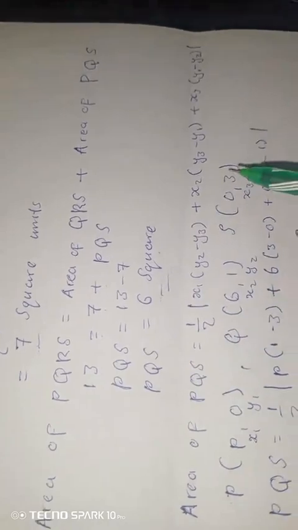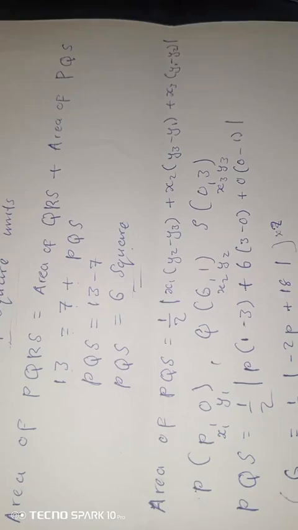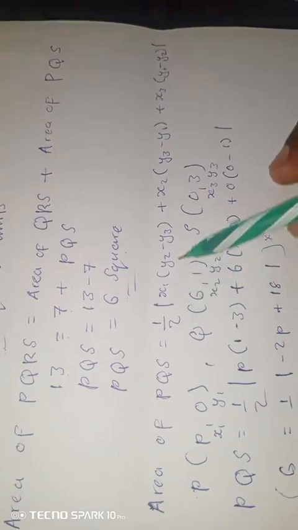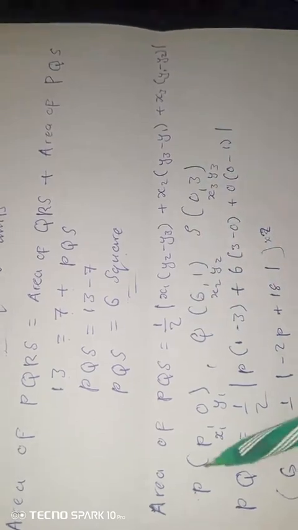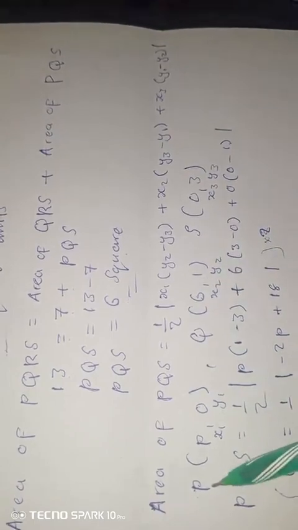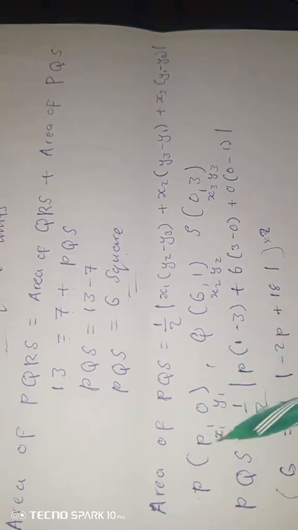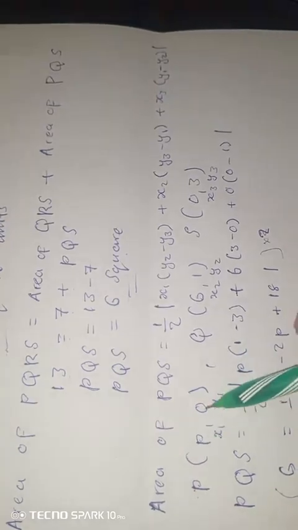So in order for us to find the coordinates of P, we need to express the area of triangle PQS in terms of the coordinates of P. So this is how we are going to do it. This is the formula that we are using. Now these are the coordinates to use for P. Since we don't know it, we'll just put P there, comma 0.